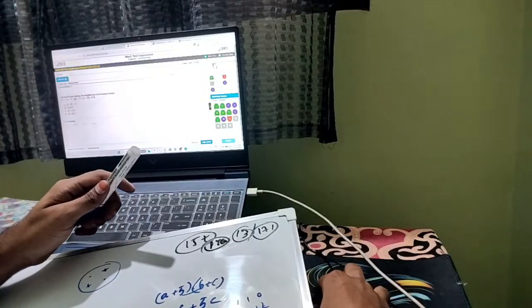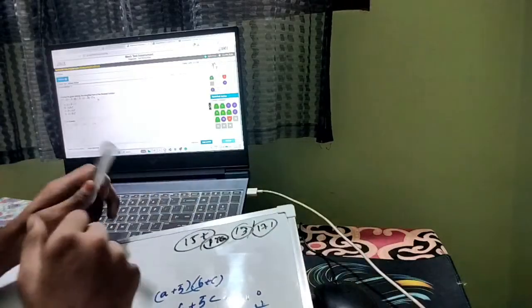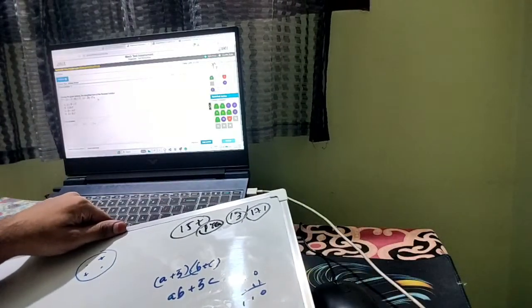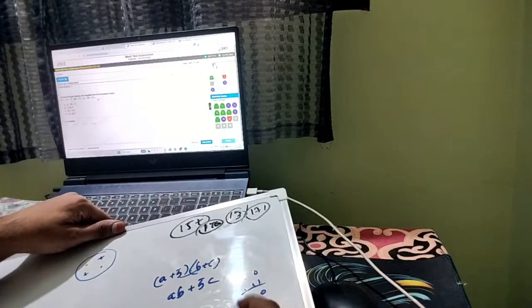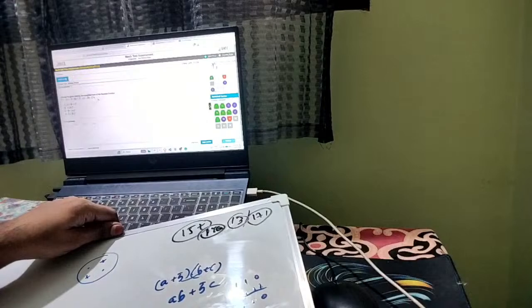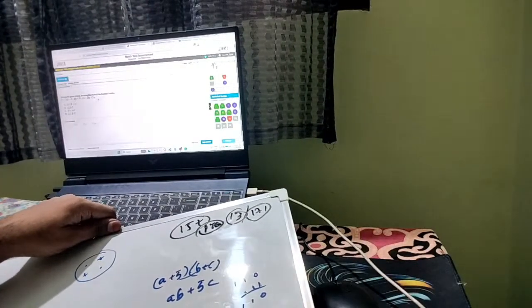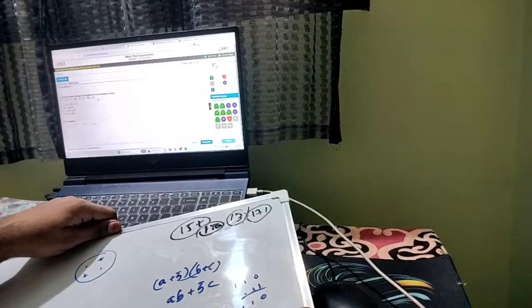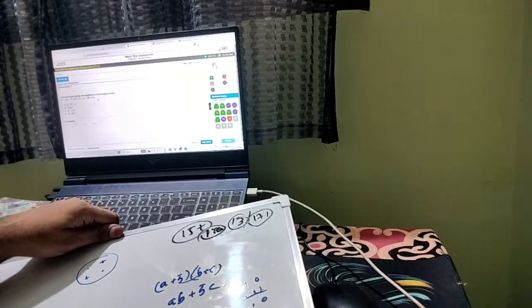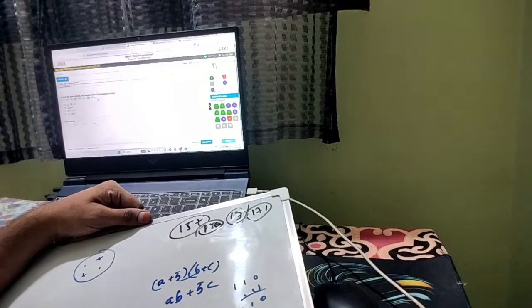Among given options, the simplified form of a Boolean function. Okay, now to simplify it. First option, it will become A plus B plus, if we take A dot B, it will become A bar B into C. Okay, take A plus B. So what will be the answer?